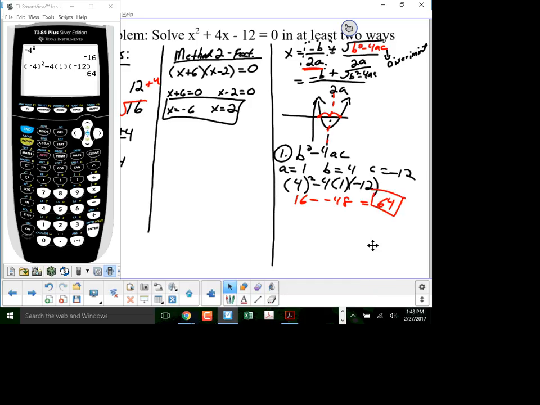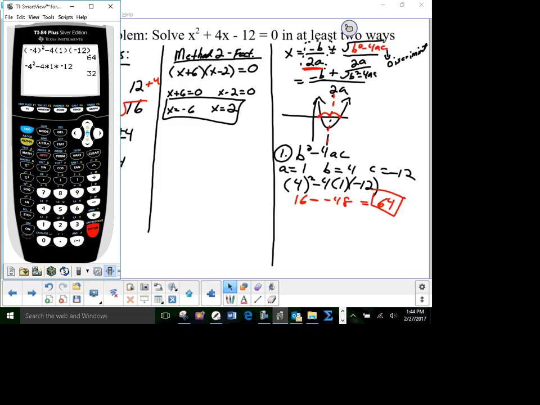But if you put it in your calculator just as you have it here, that's going to give you the exact same answer. If you plug in negative 4 without the parentheses, do I get the right answer?